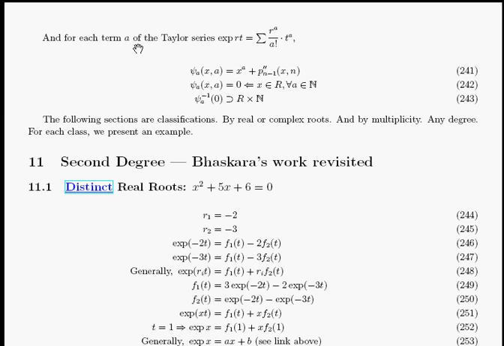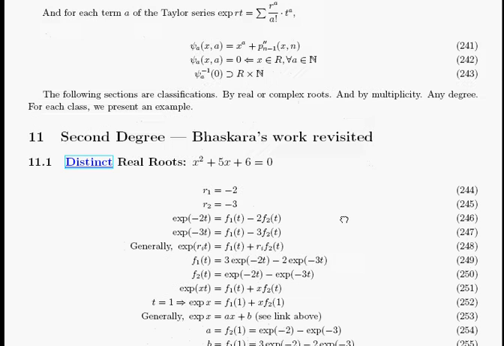For each term A of the Taylor series exponential of RT, the sum of R to the power A over A factorial times T to the power A, psi A of XA is a polynomial x to the power A plus a polynomial of degree n minus 1. And the solutions are the inverse set point 0, the R1 and the R2, Cartesian product n, where A is any natural number.